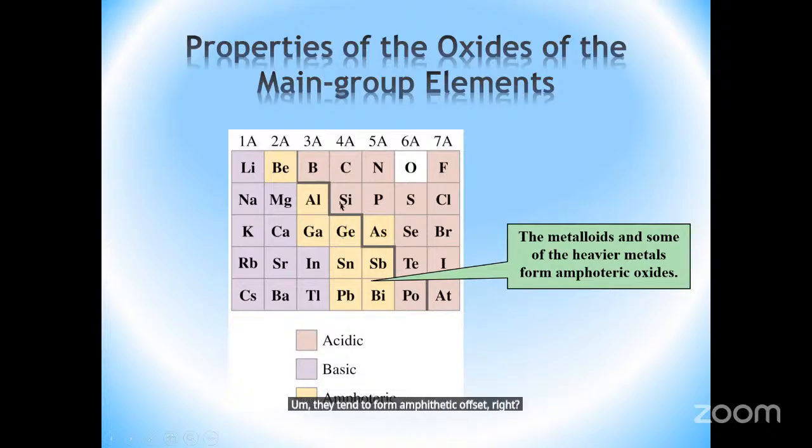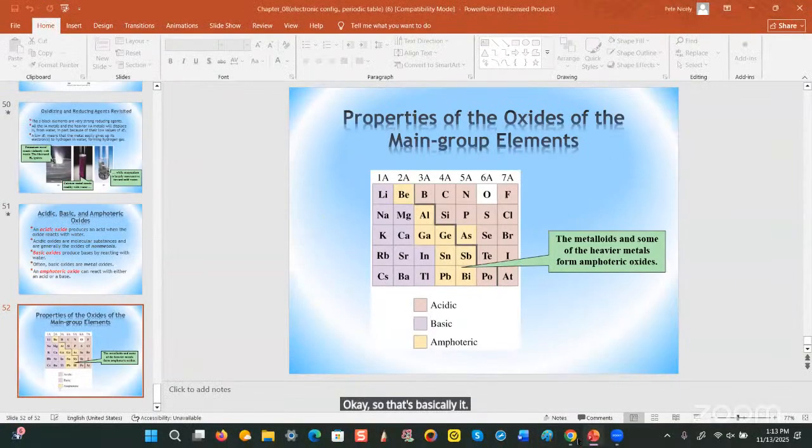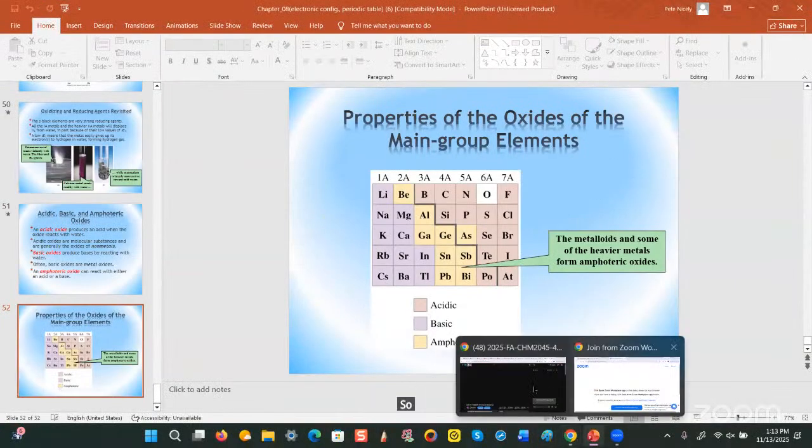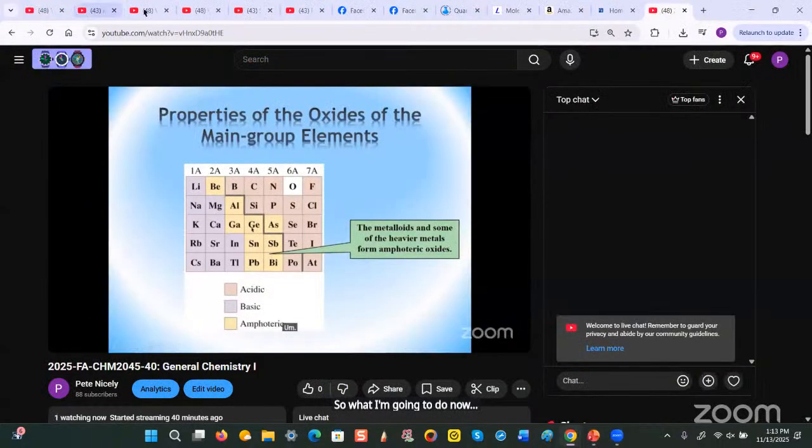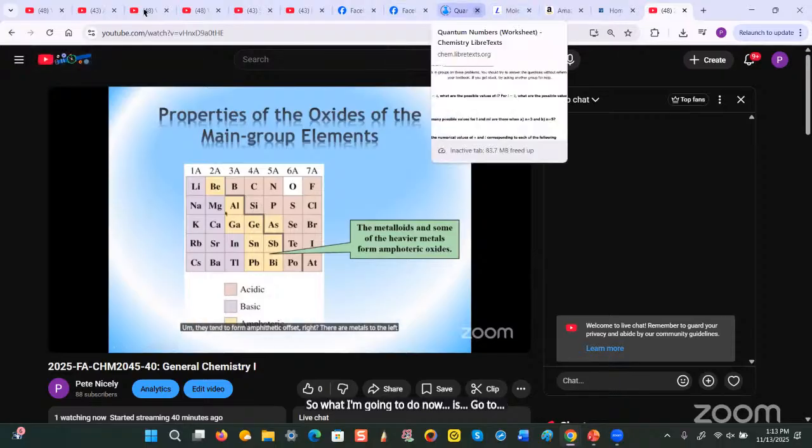The metals to the left tend to form basic oxides. Those to the right tend to form acidic oxides, but these here tend to form amphoteric oxides. Okay, so that's basically it as far as this chapter is concerned. So what I'm going to do now is go to the assignment.